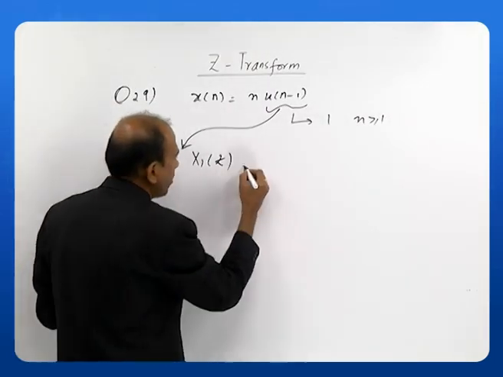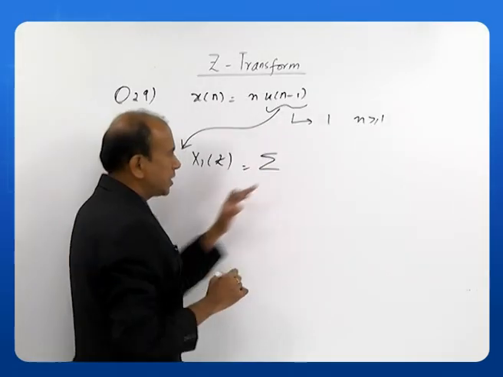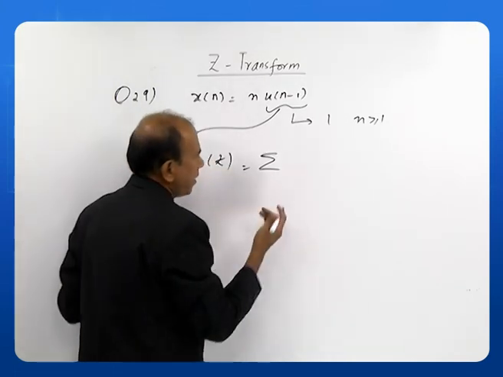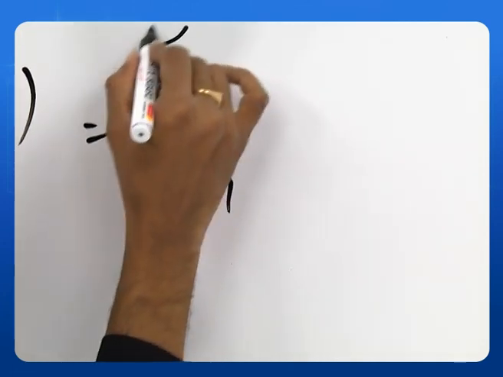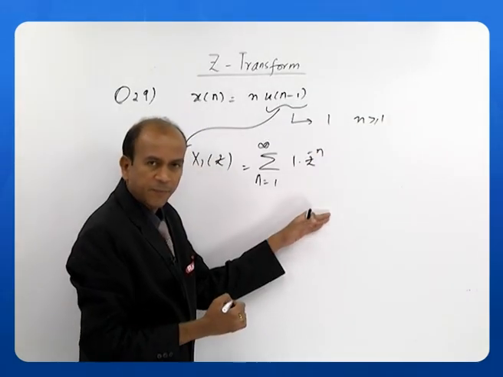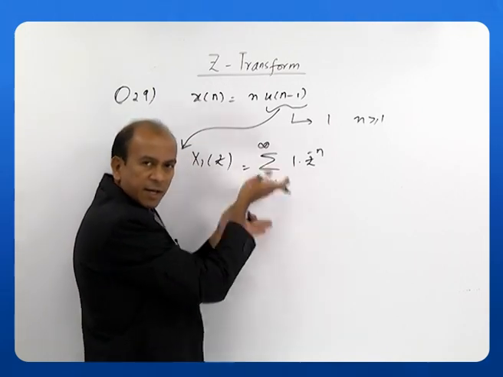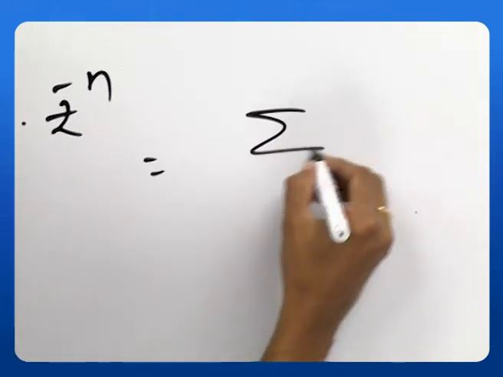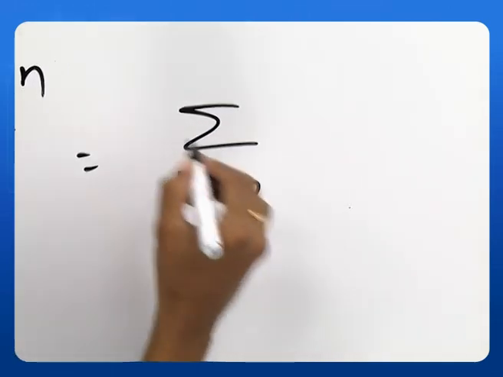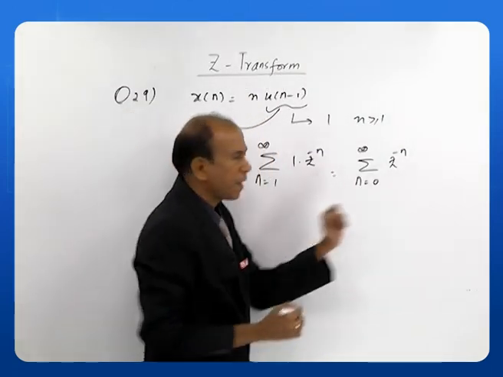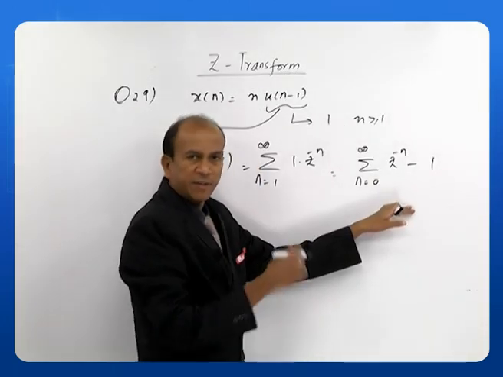Okay, that will be equal to, this is 1 from n equal to 1 to infinity. So we can write this as summation n is equal to 1 to infinity 1 z to the power of minus n. So let us change the summation limits and then take care of the additions which you are making. n is equal to 0 to infinity z to the power of minus n, minus 1 because we are shifting this.